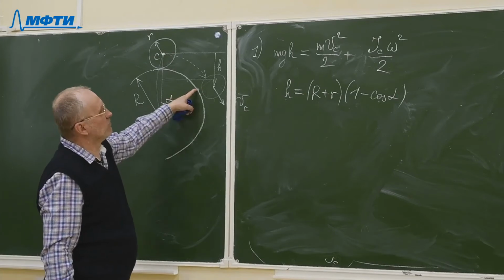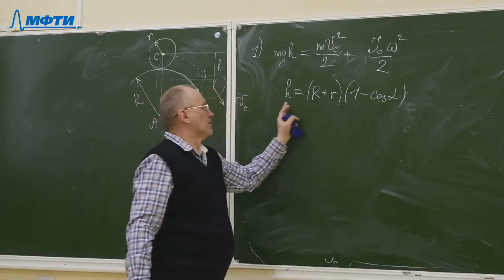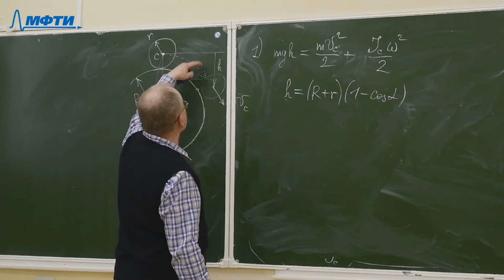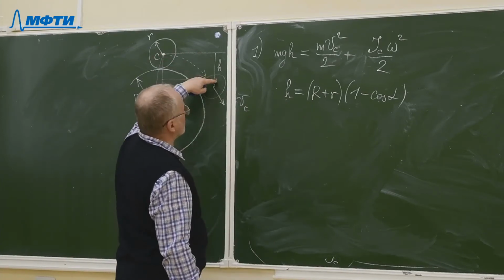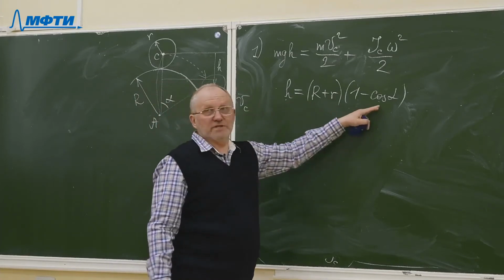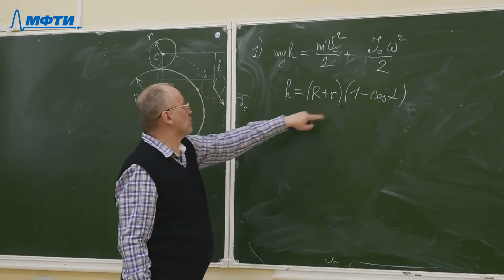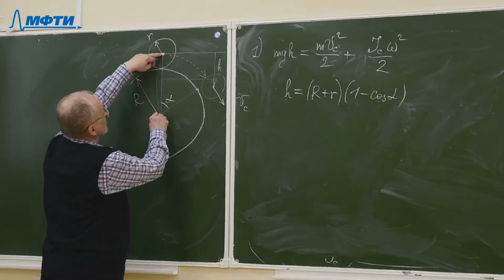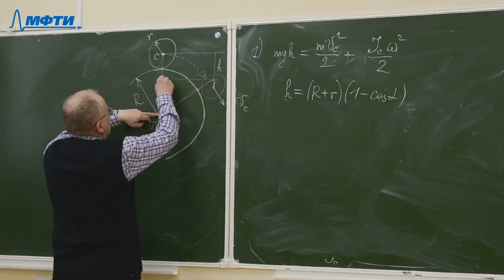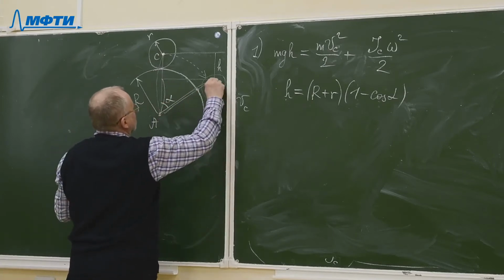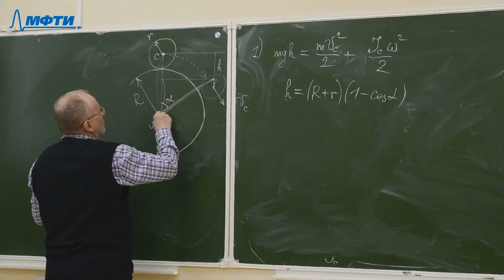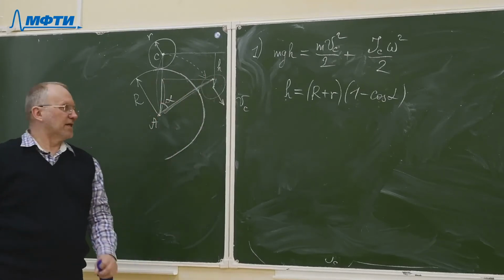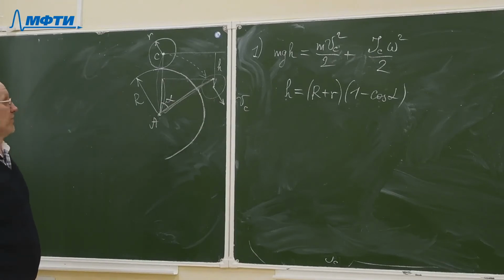The loss of potential energy, the height at which the center of mass goes down, will be calculated as in the previous problem: the total distance from point A to the center of the sphere, minus the same distance times cosine alpha, which is the leg of the right triangle.